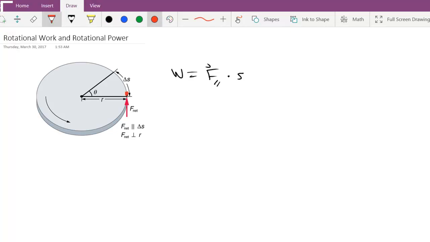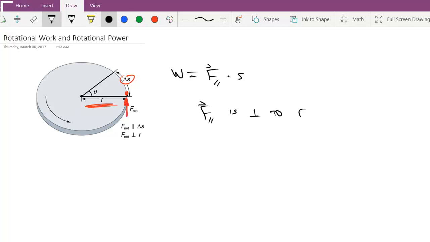And so the component of the force which is in the direction tangential, so in the same direction as the displacement, would have to then be perpendicular to a radial line. And so we can say that the net force, or this force parallel, is perpendicular to the radius, right?